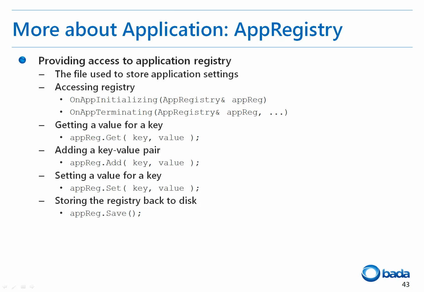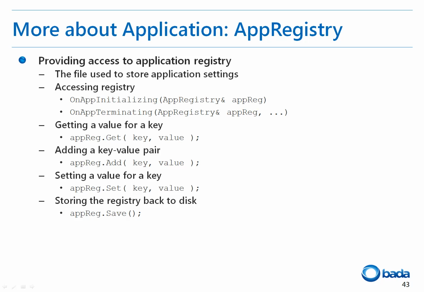Initialize the application by retrieving the application data from AppRegistry with the Get method. Initializing resources, including the UI construction, and restoring the latest states is generally handled within the OnAppInitializing method.